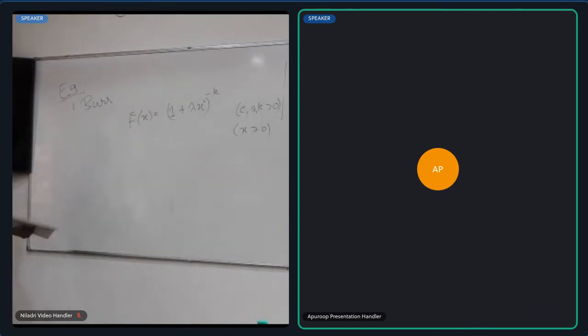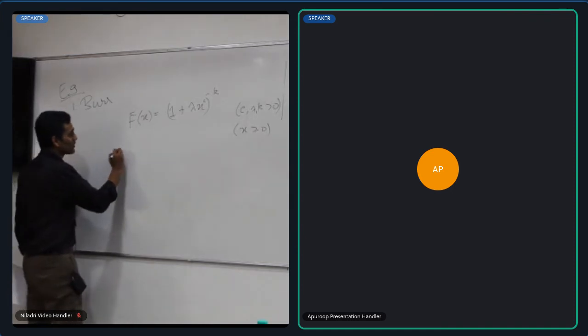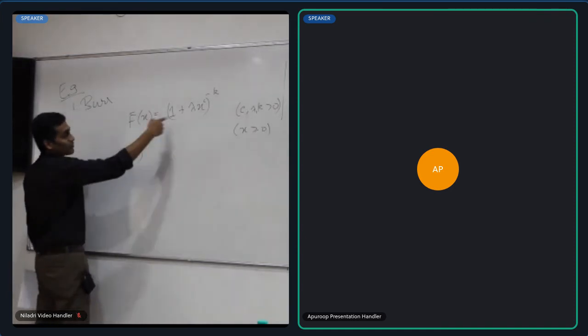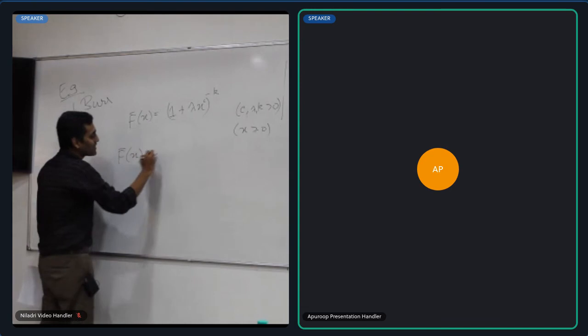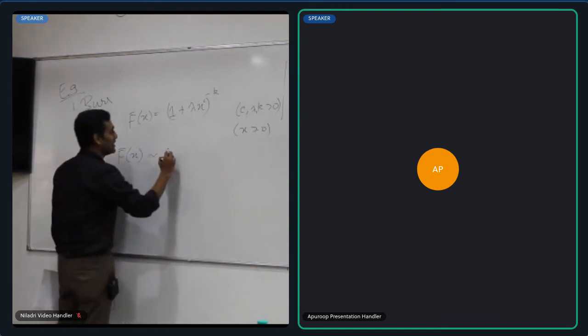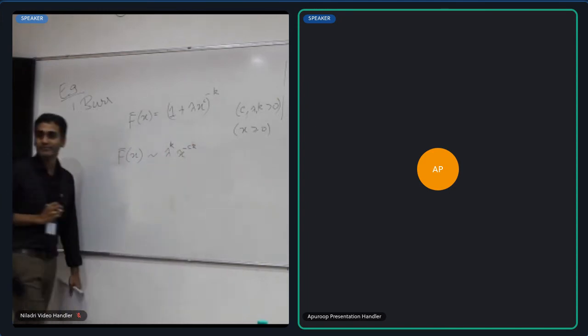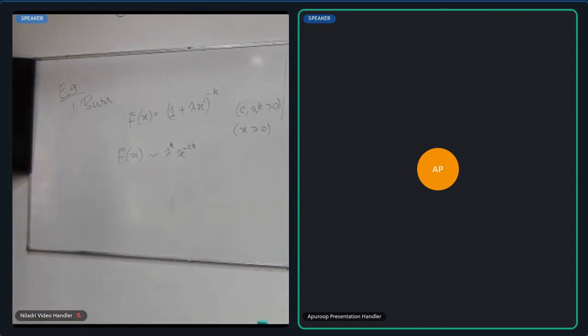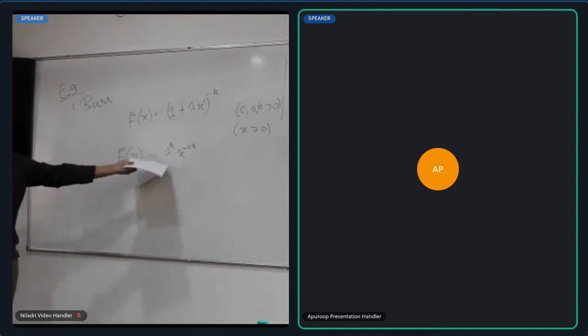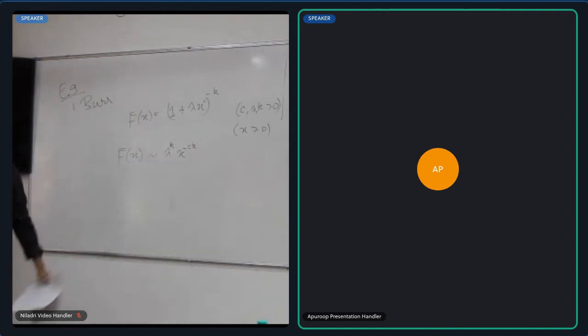So is this regularly varying? Yes, it's very easy to see. Once you have this structure, F bar of x is asymptotically just lambda raised to k, x raised to minus c times k, because if you divide one by the other, the limit as x tends to infinity will be 1.